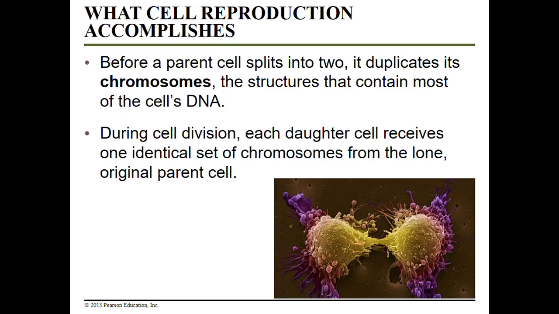These two cells down here in this example picture originated from the same parent cell. They made copies of each chromosome and sent one copy to each of the two new cells, so that once done dividing, they look like the original parent cell.